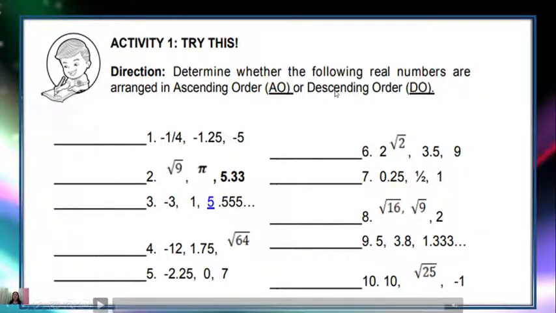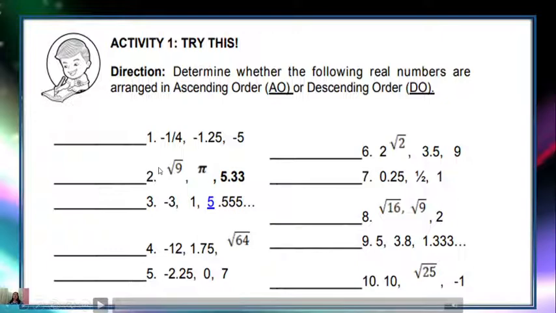So descending order is an order wherein it is arranged from the highest real number to the lowest real number. So ano isasagot lang natin dito sa activity number 1? AO or DO. Okay?